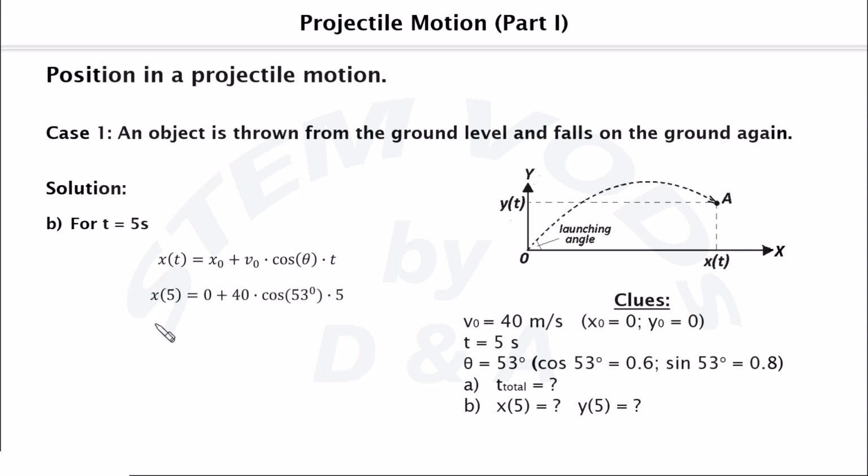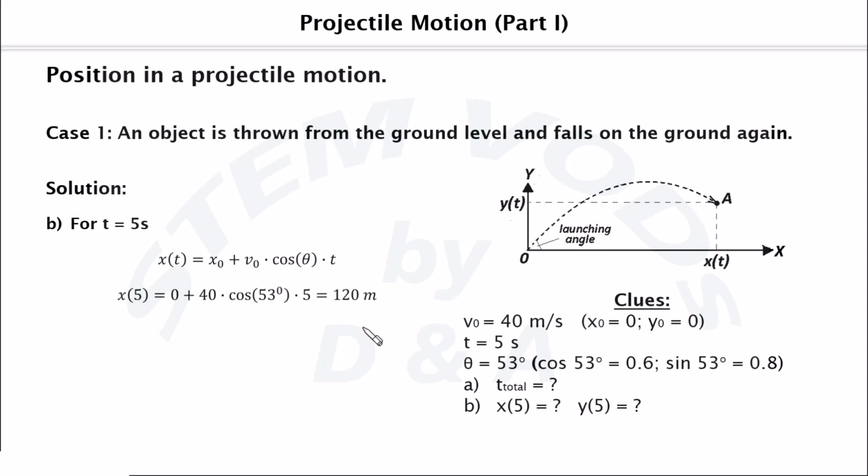We know that the initial horizontal position x0 is 0, so, substituting the known values, yields x(5) equals 0 plus 40 times cosine of 53 degrees times 5. This gives x(5) equals 40 times 0.6 times 5 equals 120 meters. This is the horizontal position of the object after 5 seconds of flight, that is, the x-coordinate of point A in the figure.